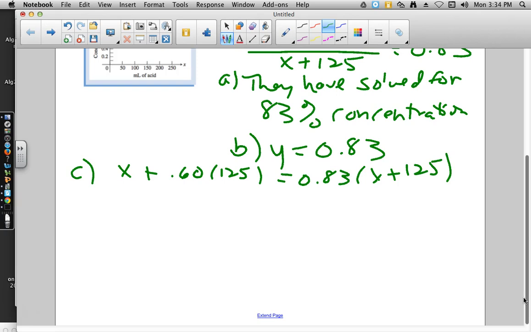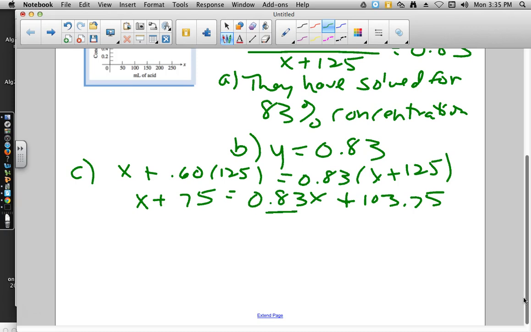So we would go ahead and do the math on that one and see what we get. So let's see here, we have 0.6 times 125, so X plus 75 equals 0.83X plus 0.83 times 125, which is 103.75. And then we just combine like terms, etc.